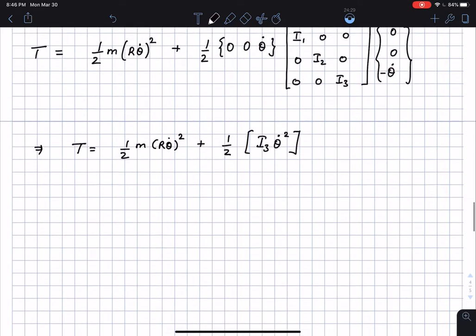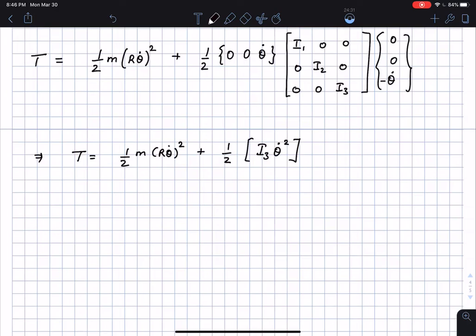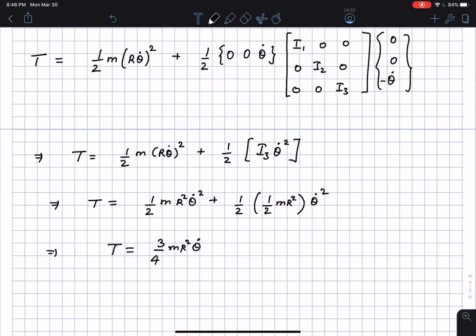I3 is m r square by 2, so if I do the substitution, T is half m r square theta dot square, and then half times half m r square theta dot square. So that's 1 by 2 plus 1 by 4, which is 3 by 4, so capital T is 3 by 4 m r square theta dot square.